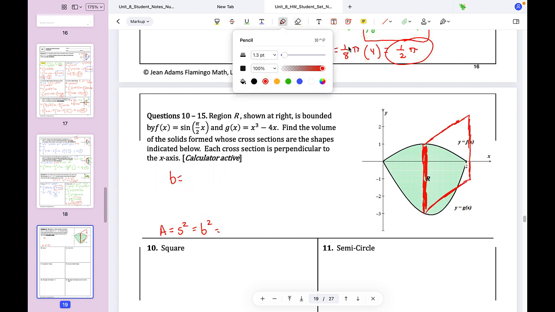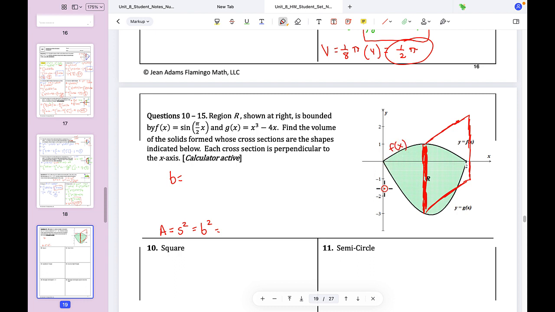Let me label them a little more clearly. This is f of x. This is g of x down here. Okay, so we are looking at f of x minus g of x, which is what I said initially, right?